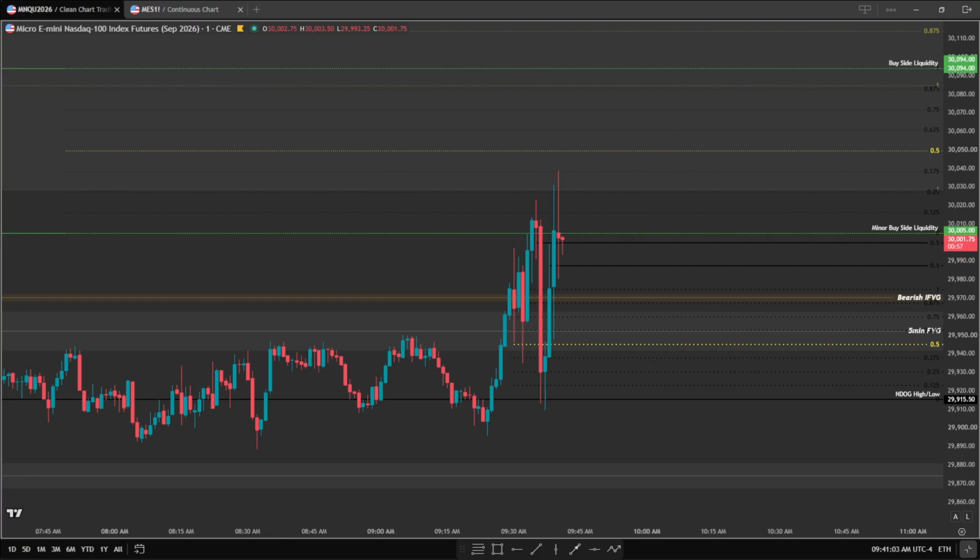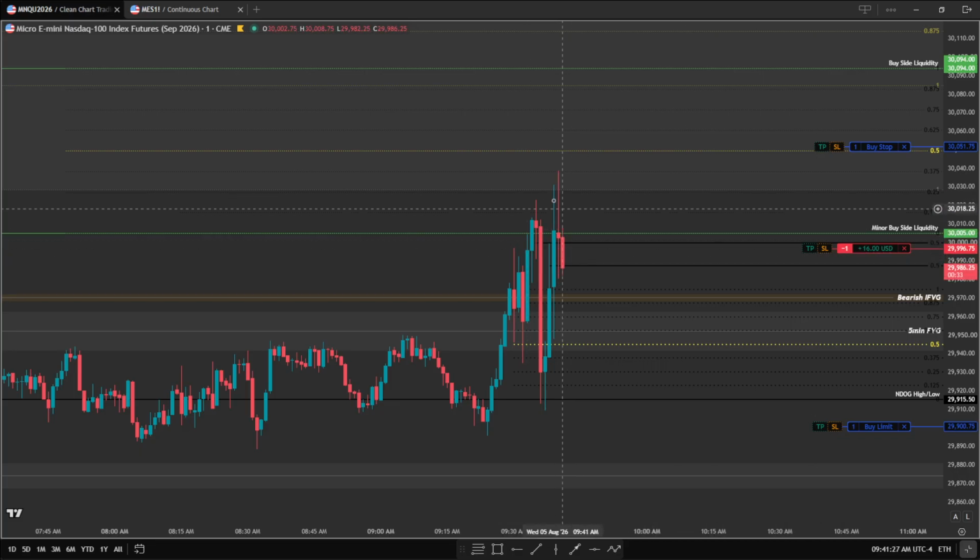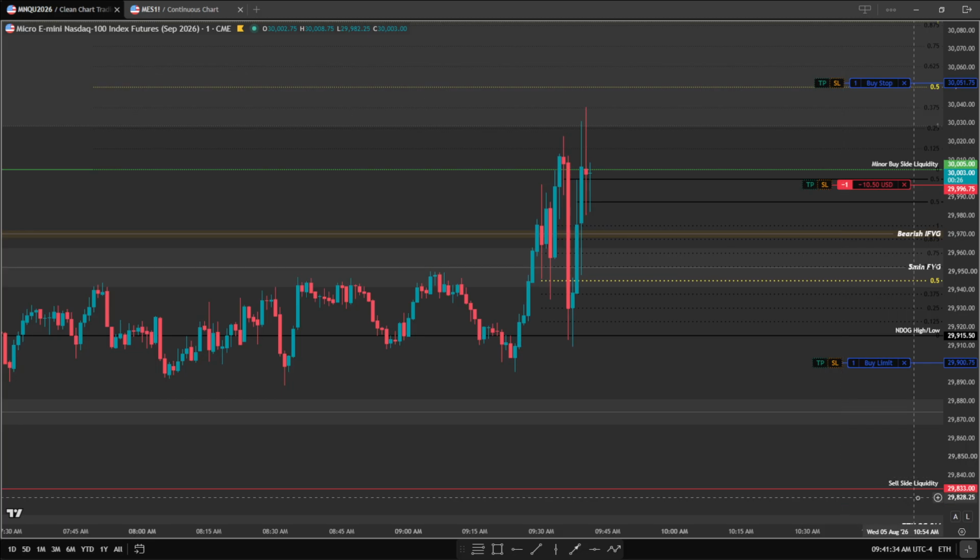I like that that wicked like that. I was trying to aim for this wick here. Got kind of a bad fill, but I think that's just manipulation. Respected that octant failed to reach the event horizon, and then we still have the sell side down there.